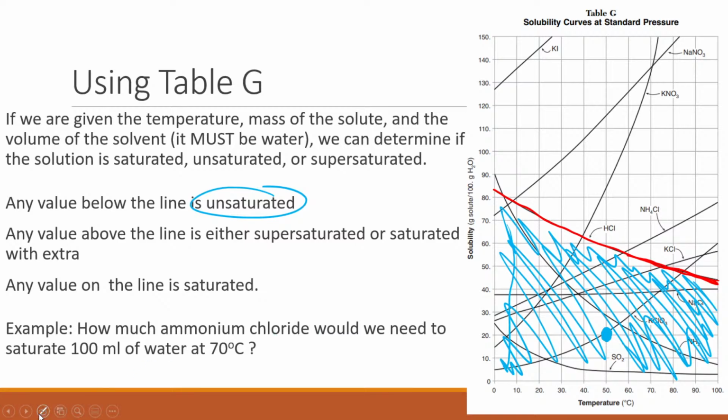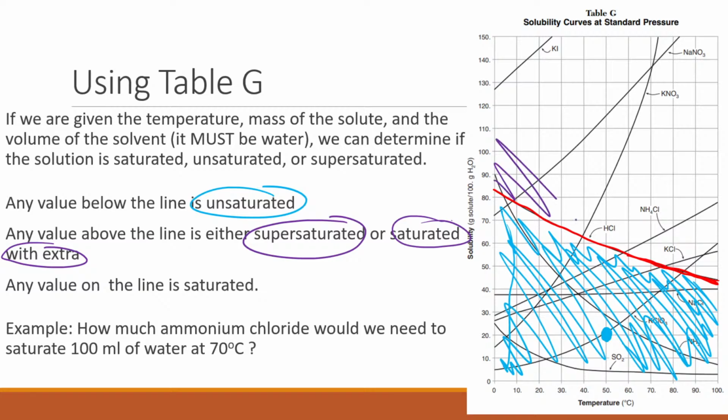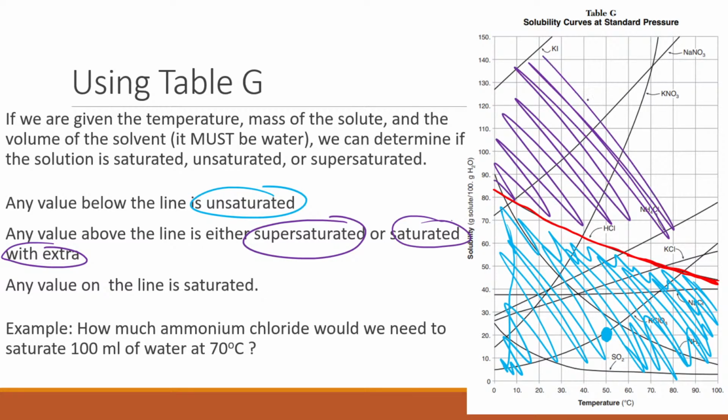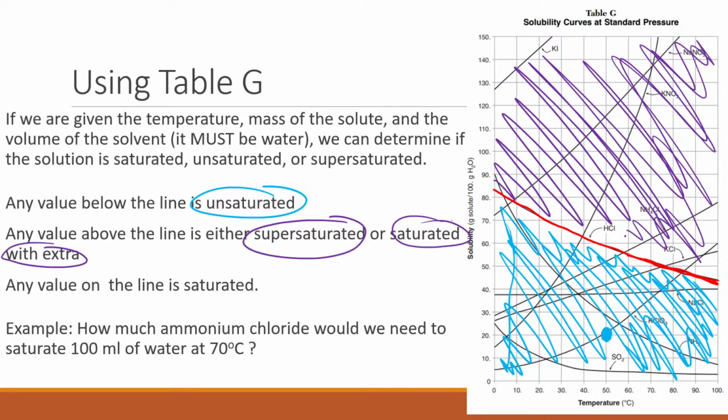Any value above the line is either supersaturated or saturated with extra. So that means all of these points above the line are saturated with extra or supersaturated. Now, Mr. M, how do we tell the difference between supersaturated and saturated with extra? And that's all in the description.